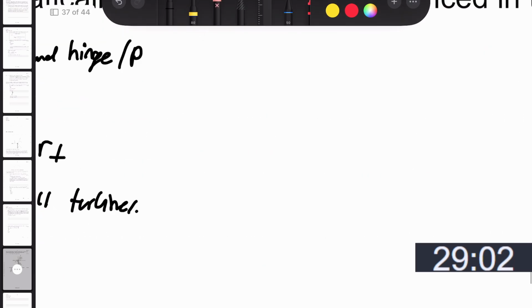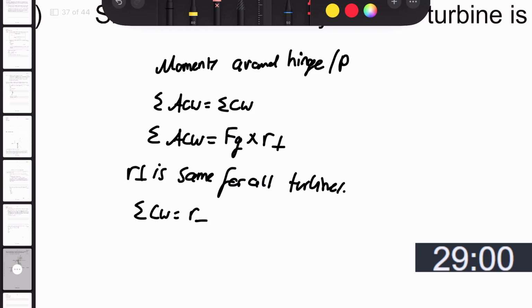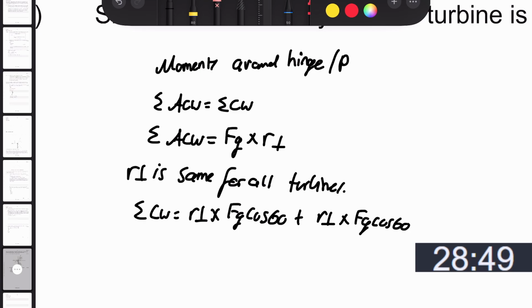Okay, right? So then anti-clockwise is equal to r perpendicular times fg cosine of 60 plus that times fg cosine of 60.